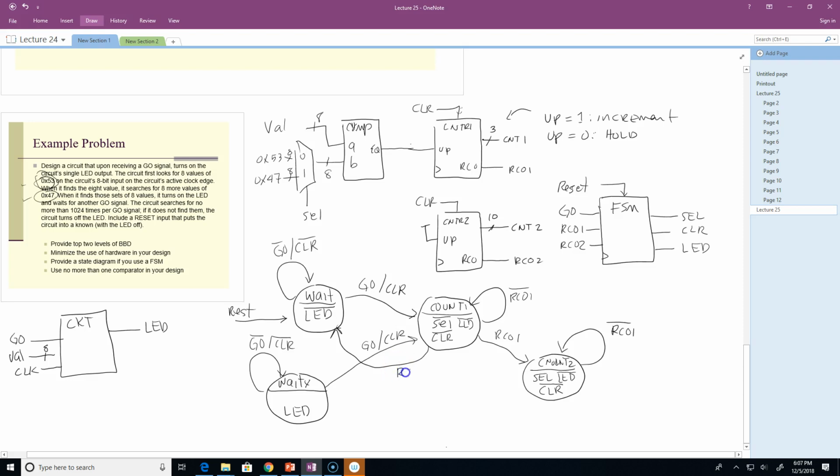If RCO2 turns on, that means the 10-bit counter hit its maximum value without finding the two sets of 8 sequences, etc. I'm done. I go back to the beginning with the LED off. So that works. What also needs to be fixed here is that I need to include RCO2 in this diagram. There's RCO2.